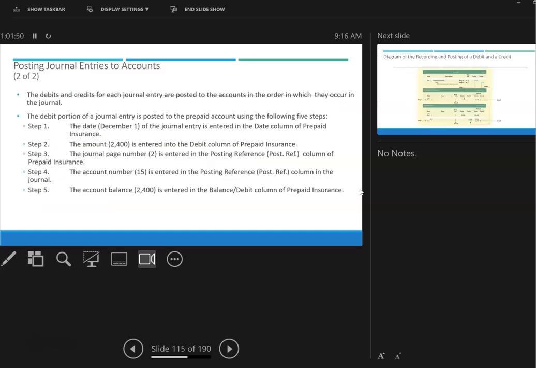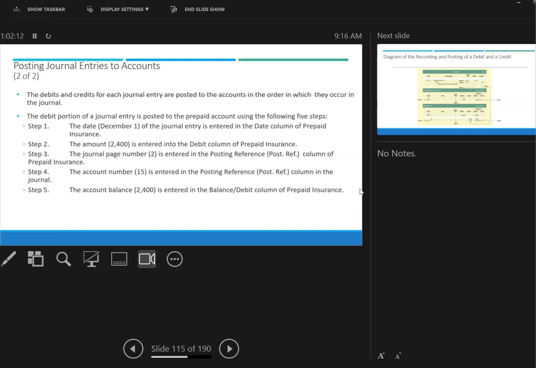Next, the debits and credits for each journal entry are posted to the accounts in the order in which they occur in the journal. The debit portion of the journal entry, in this case, got posted to the prepaid account. We put in the date. We put in the amount of $2,400.